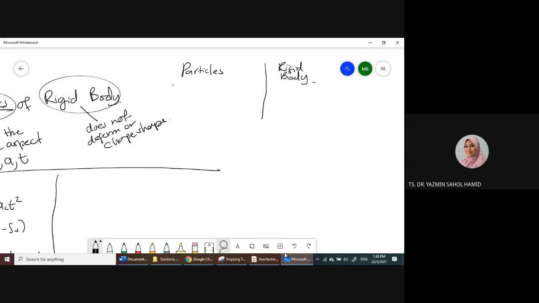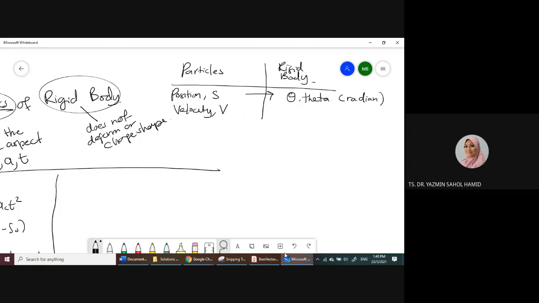Just bear with me, I need you to understand this. Before this, for position what symbol did we use? S, right? Now, when you change to rigid body, it becomes theta. And what is the unit for theta? Radian. Okay, good.